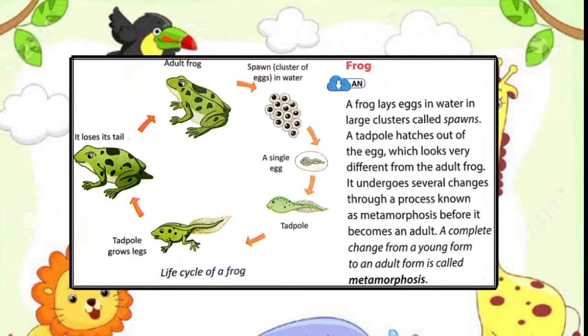After the mother lays her clumps of eggs, gradually it fertilizes. It takes eggs of frog roughly 3 weeks to hatch after laying.